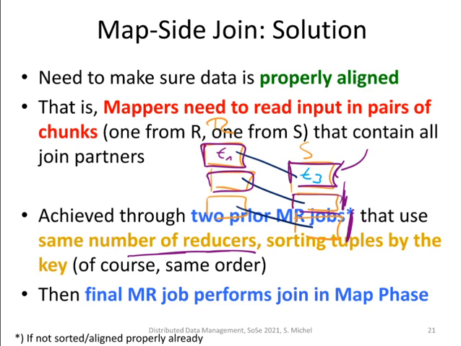So now we have done this. We have these MapReduce jobs. We have sorted these tuples based on the key, in the same order, of course, ascending. And here we have the same number of reducers. That's important. And in the end, we can perform the join with one more additional MapReduce job.